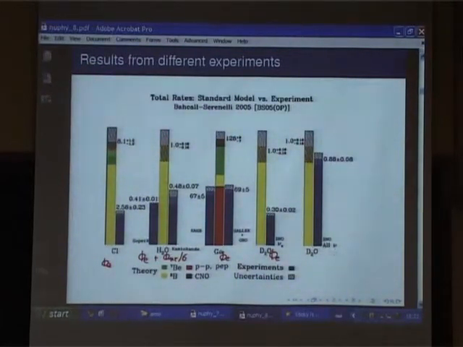So SNO measured phi_e plus phi_mu-tau. All these experiments are at different energies, and they look at different combinations of phi_e and phi_mu-tau. So we have to be able to explain all these things.